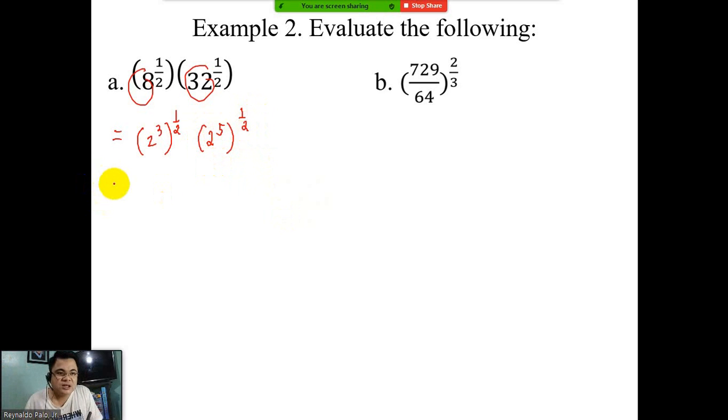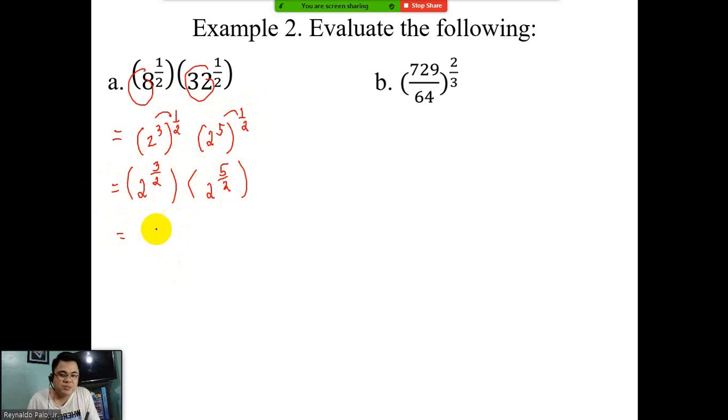Then the next thing now is we can already simplify by applying the power of a power law here. So 3 times 1/2 and then 5 times 1/2. 3 times 1 is 3 halves, and here we have 5 times 1, it is now 5 halves.